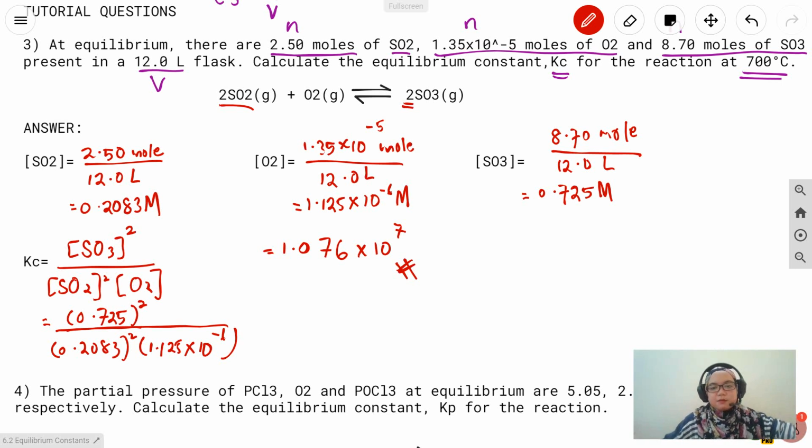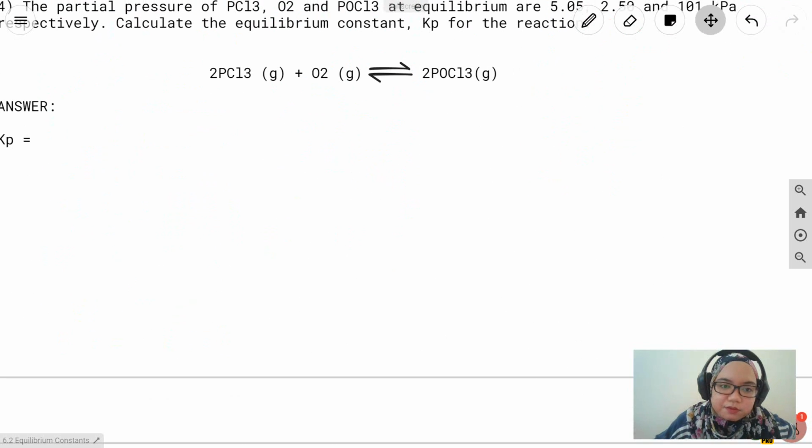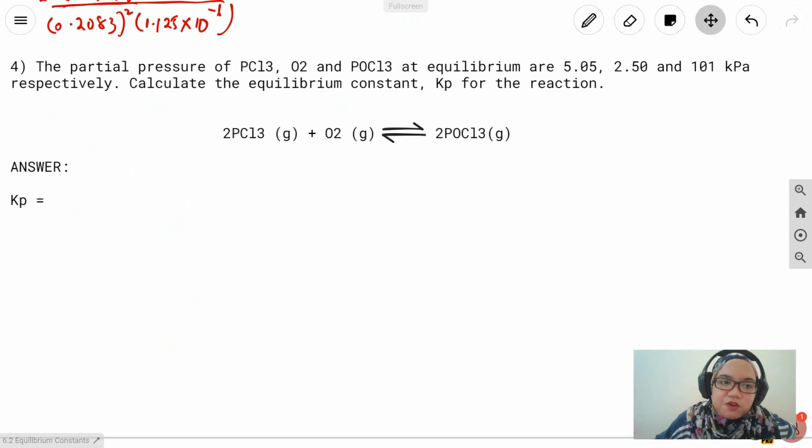Okay, so now let's look at question number 4. For question number 4, it asks us to find the equilibrium constant in terms of partial pressure. The question is very direct. It gives the partial pressures of PCl3, oxygen and POCl3 at equilibrium as 5.05, 2.5 and 101 kPa respectively.